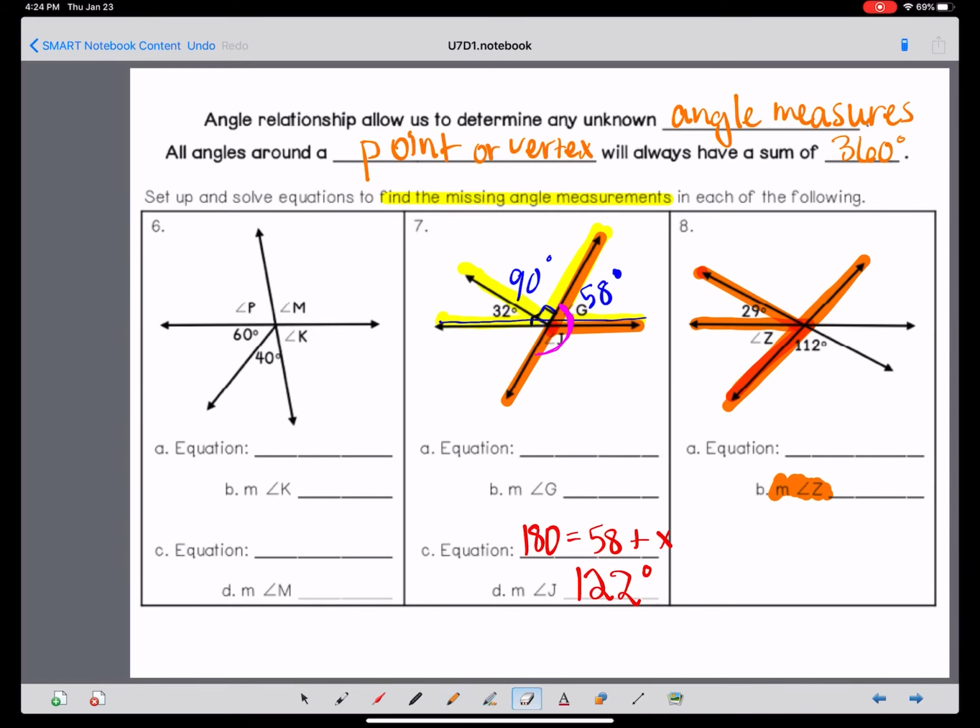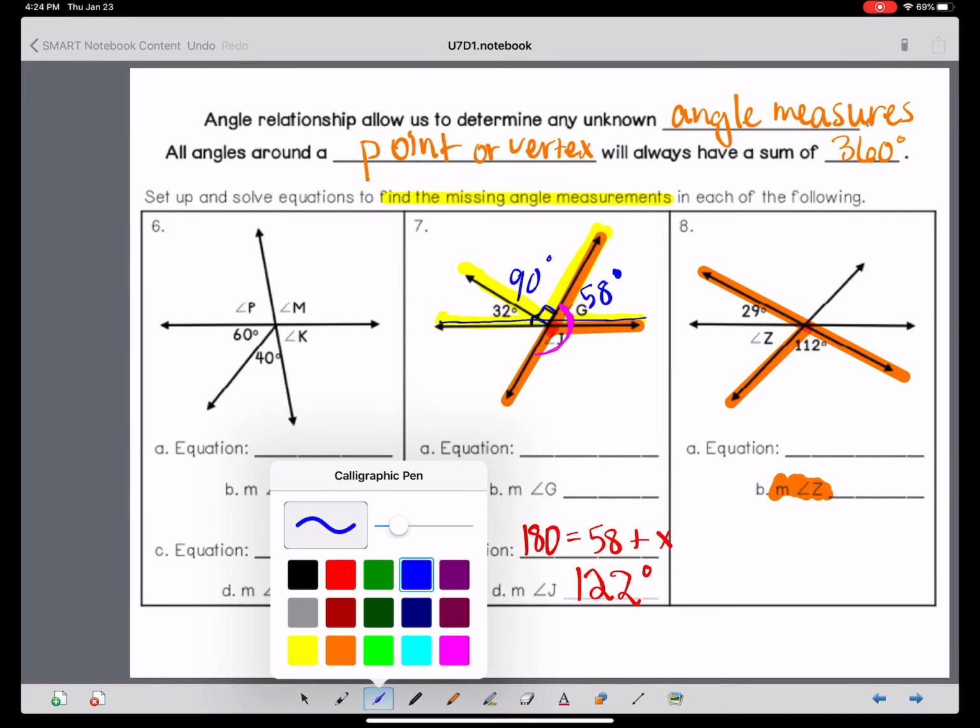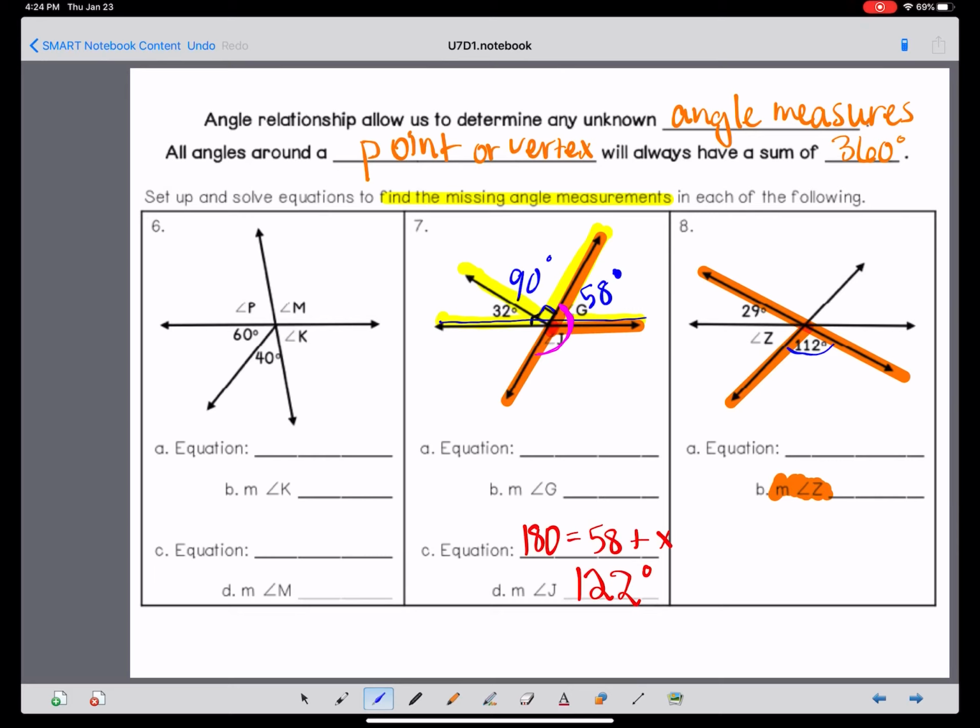Let's erase. What I do see here is a straight line where I do have a bunch of values. I have 112 degrees for this part, and I have 29 degrees for this part. I just need to figure out what Z is. If I add all of those together, I should be able to get 180 degrees.